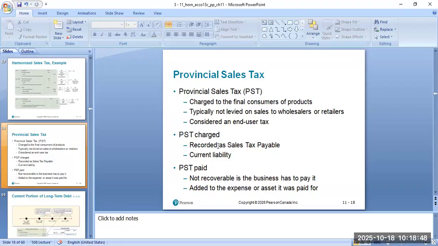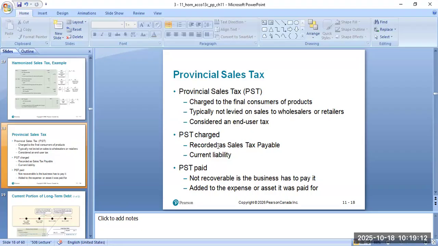PST paid is not recoverable to the business, and it is added to the expenses or to the amount of the property, plant, and equipment asset, if we have that asset. That's the tricky part with the PST.